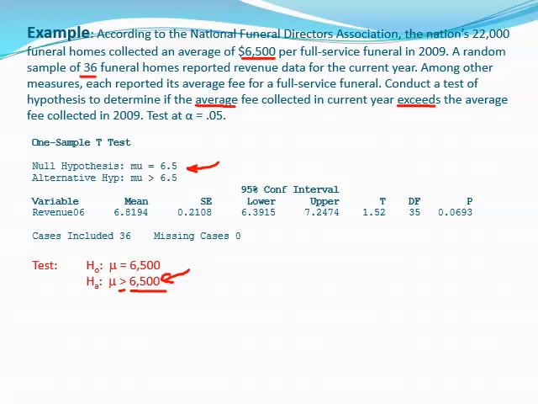Now, you may be looking at it saying, wait a second, that doesn't say 6,500, it says 6.5. Yeah, it does. The data for this problem was in thousands of dollars. And so if a funeral home reported their full service funeral fee in the current year to be $5,200, it showed up as 5.2.